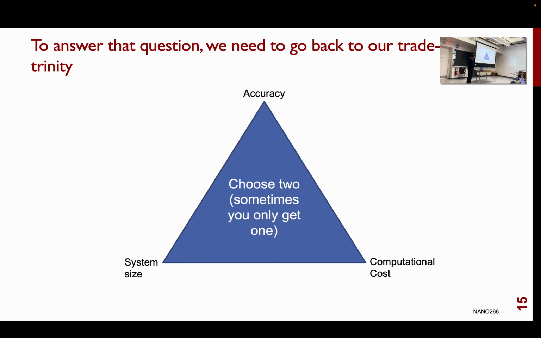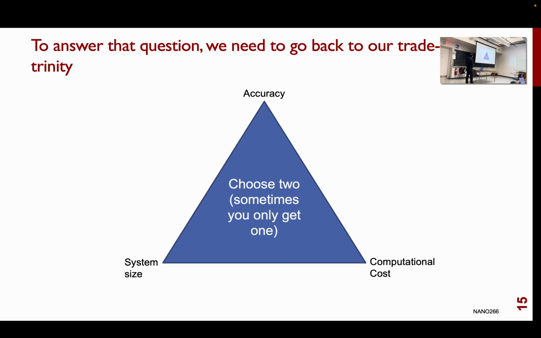So to answer the question of which functional you should use, we go back to our trade-off trinity, which I talked about in our first lecture. It is always a trade-off between accuracy, cost, and the system size that you want to simulate, right? Typically, you have to choose one or two of these things.